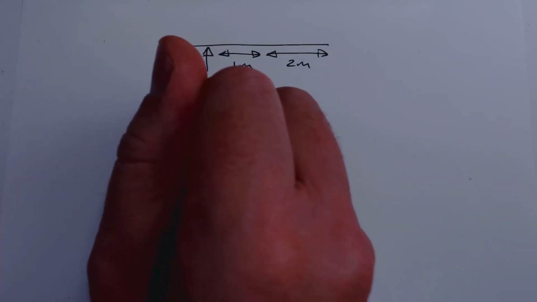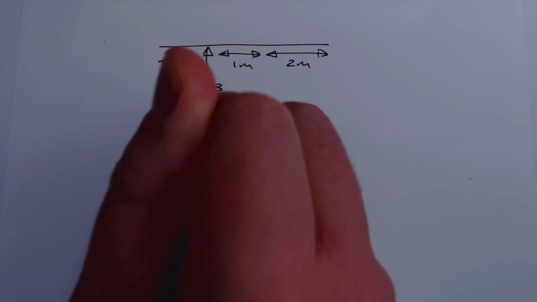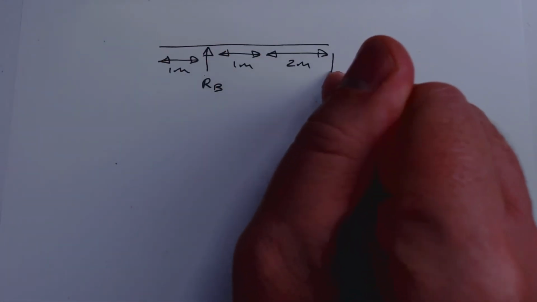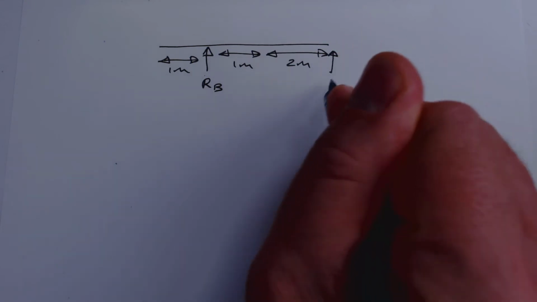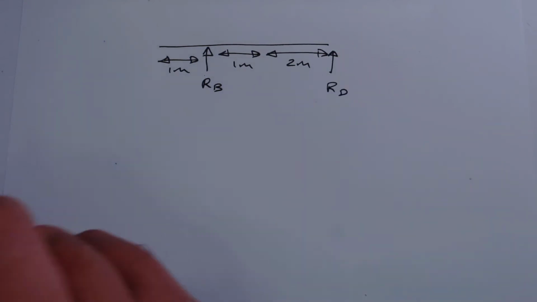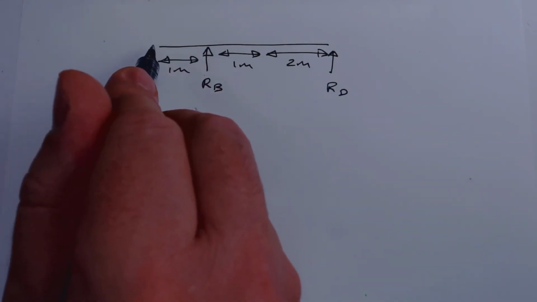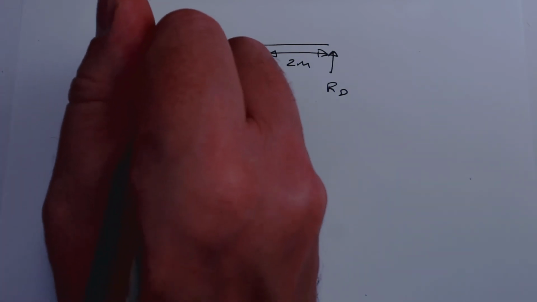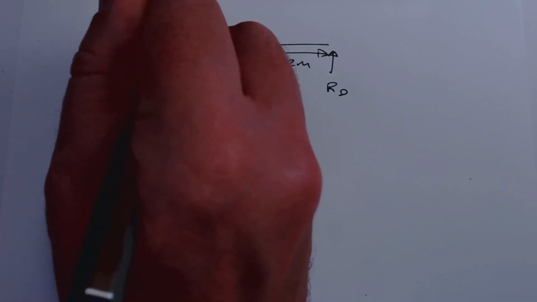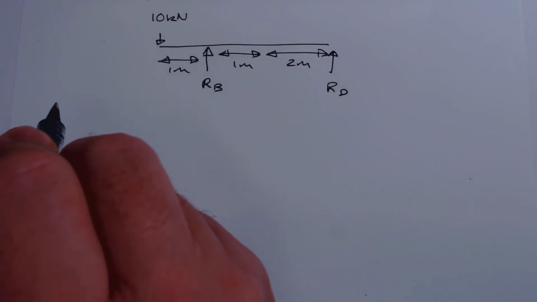So we've got, this is going to be B, so reaction at RB, a reaction at RD. At position A I'll have 10 kilonewtons going down.